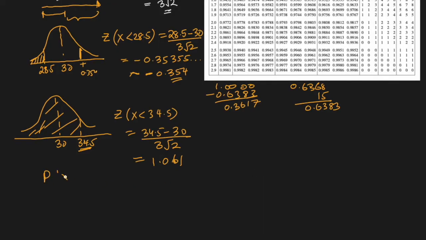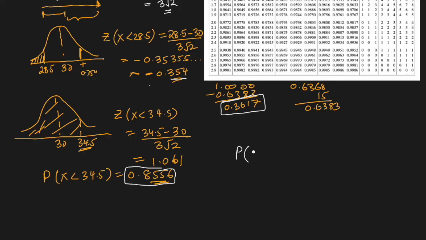The probability that x is less than 34.5 is 0.8556. So we got the two probabilities we wanted, this and what was the previous one? 354. No, that was the z score. 3617. This one was the probability.